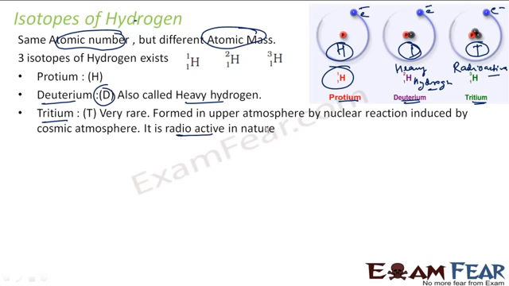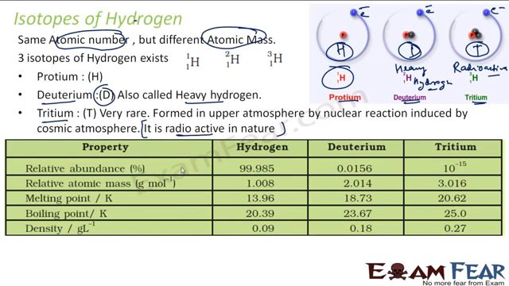We'll study this later. Don't confuse the notation: this is protium H, this is deuterium D, and this is tritium T.